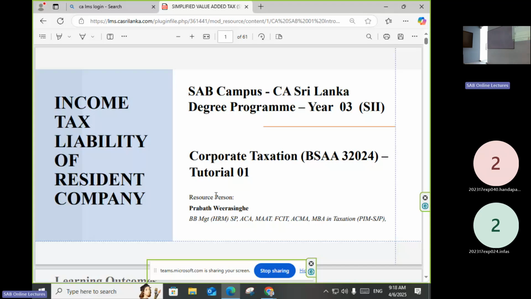Indirect taxes are imposed on your consumption. It is a consumption based tax. So a consumption based tax, everybody is paying. Whether you know or not, you are paying taxes. If you go to the shop and buy this pen, you have already paid tax.